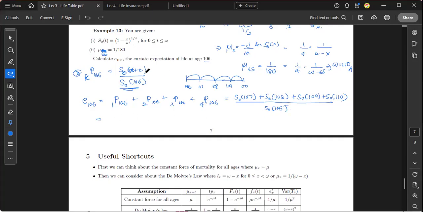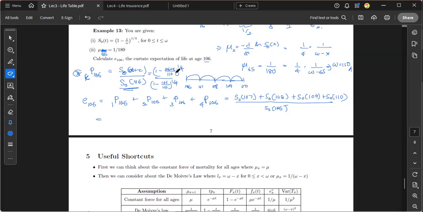So the form of this one is 1 minus 106 over this and 4. And for this one, 1 minus 106 plus k or 110 and this.